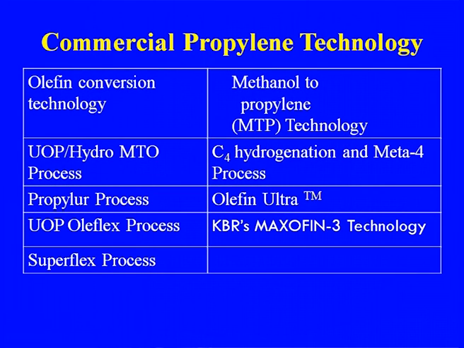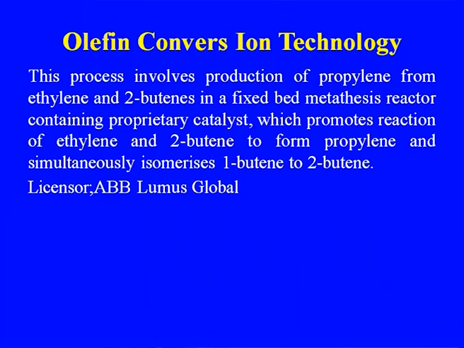These are some of the commercial propylene technologies: UOP hydro-MTO process, propylene process, UOP Olefix process, Superflex process. Olefin conversion technology: this process involves production of propylene from ethylene and 2-butenes, which I was telling you is the case in metathesis also that we are doing.